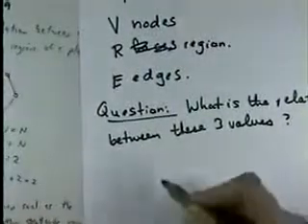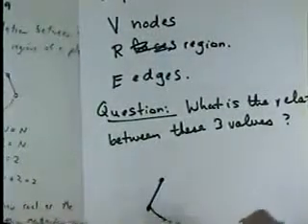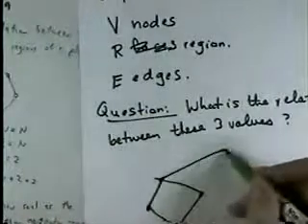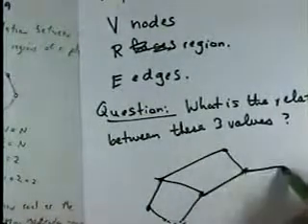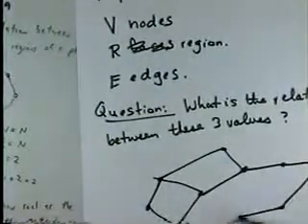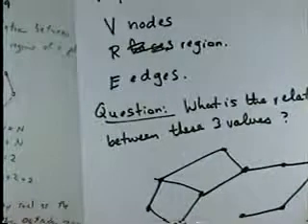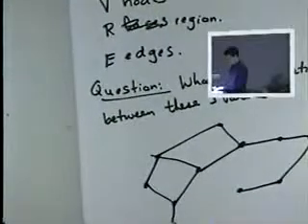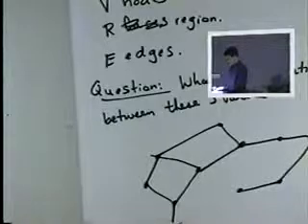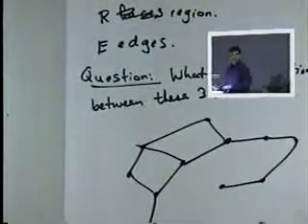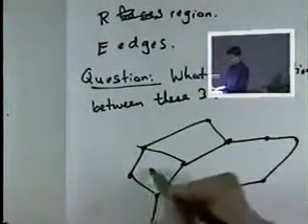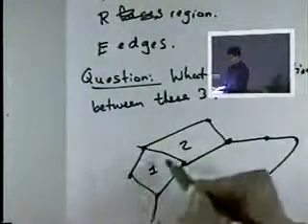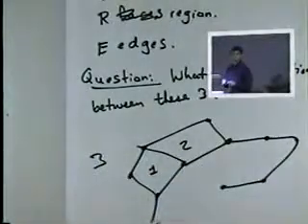So if you have a planar graph here, then there are 3 regions. Region 1, region 2, and the whole outside is region 3.